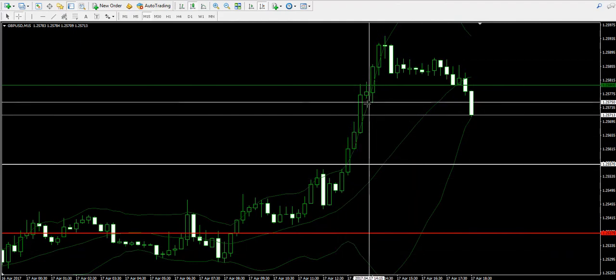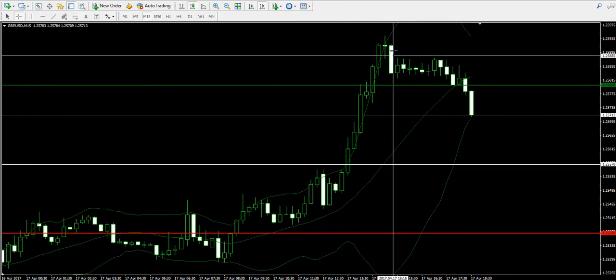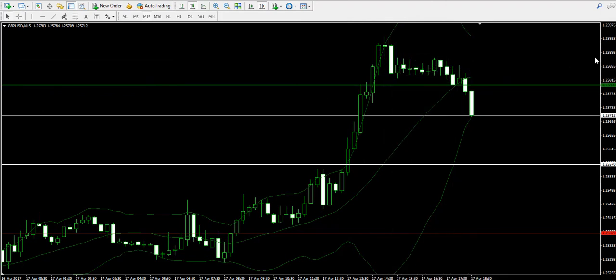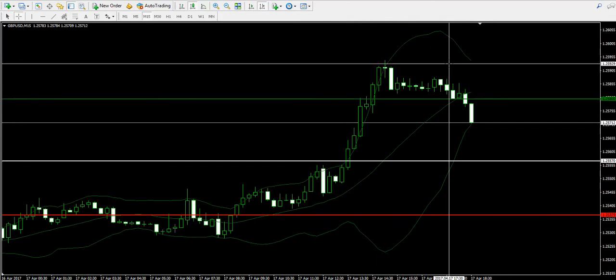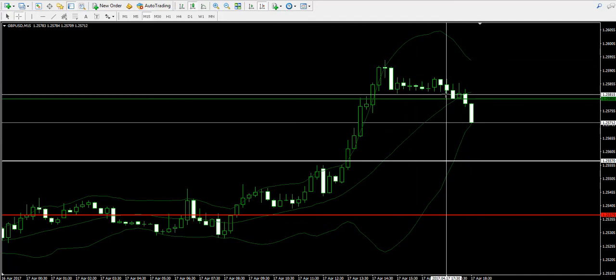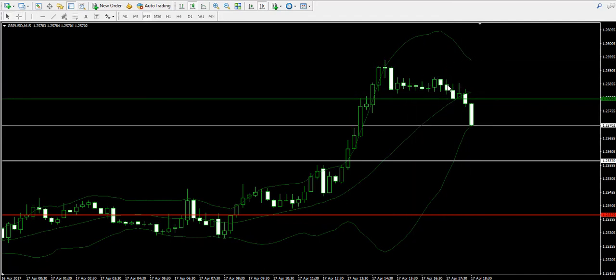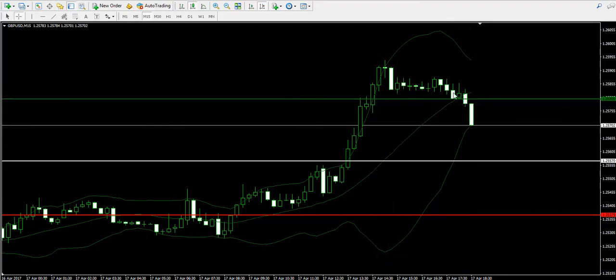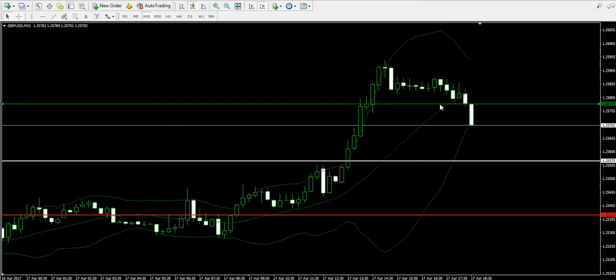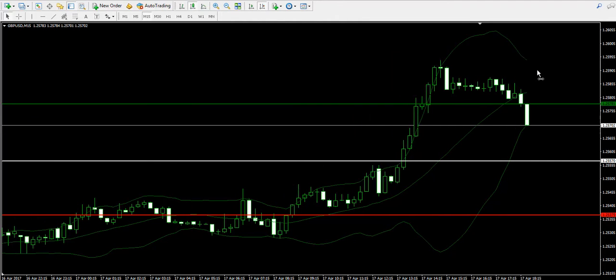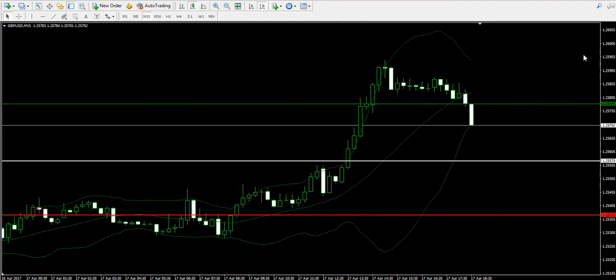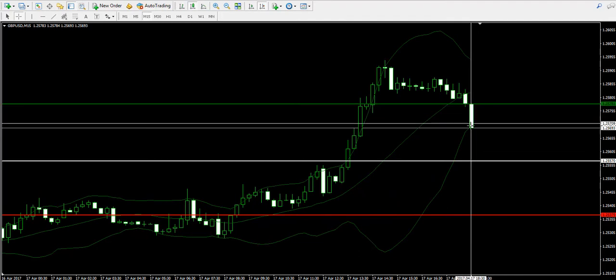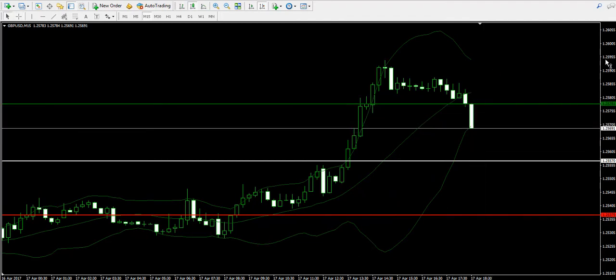Notice that the price was trending in a bullish direction, then it started consolidating and the bands started shrinking. So since I saw that the bands were shrinking, I used the moving average breakout to close the trade right over here when I saw a candle closing below the trend line. And by the time I started the video, the price shot down again. But fortunately, I was out of the trade.